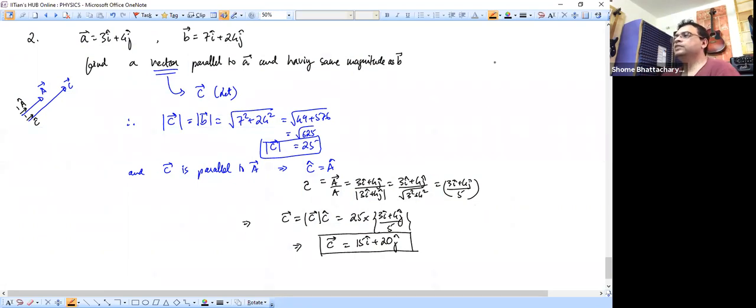So another thing you could have done here is, see, you could have understood that the vector E, because it's in the xy plane, it's very easy to draw. You would have understood that the vector E, which is 3 I cap plus 4 j cap, is like this. It's at an angle of 37 degrees. Sorry, 53 degrees, my mistake. 3 I cap plus 4 j cap, so it's more like this.